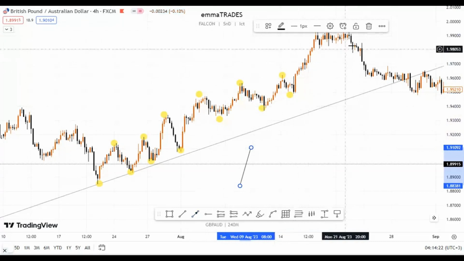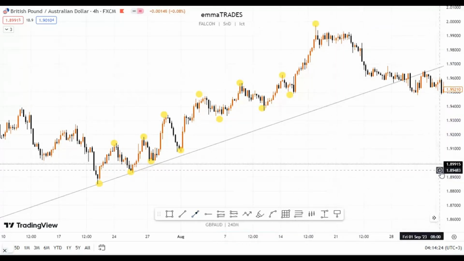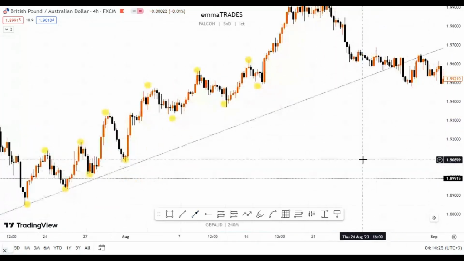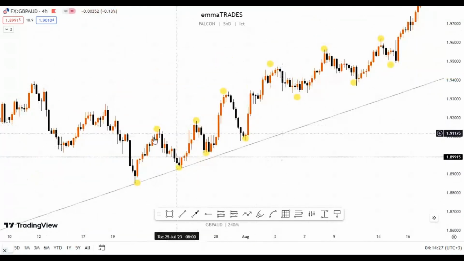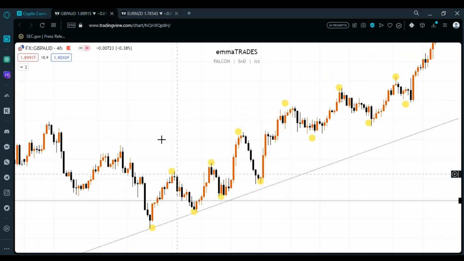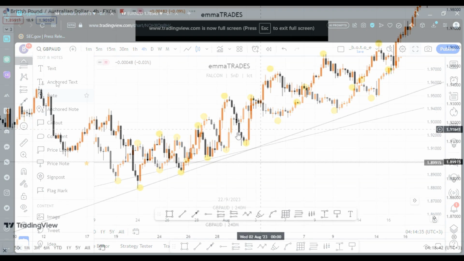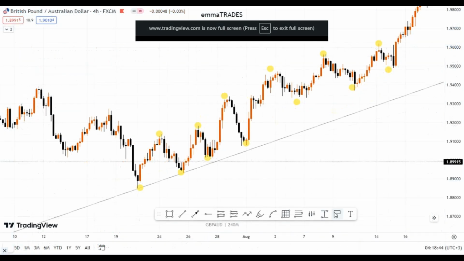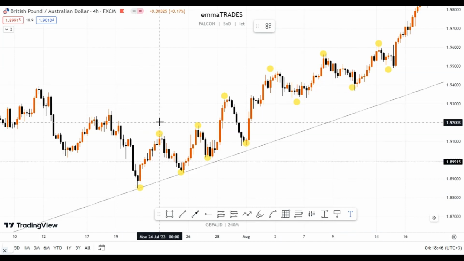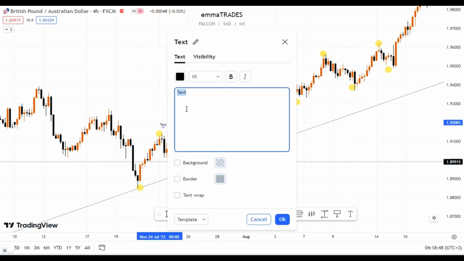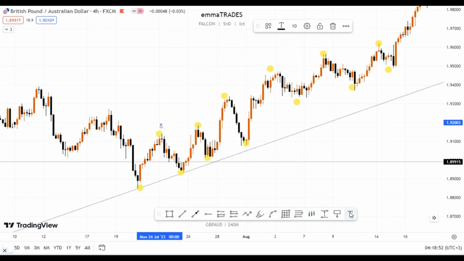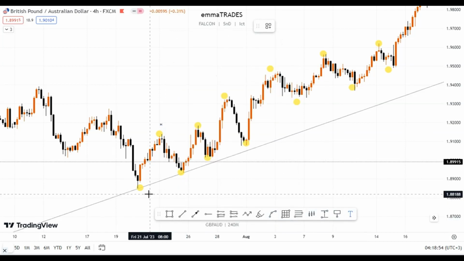We also say that when in an uptrend, we usually want to notice our breaks of structure to the upside. That means if I had a high over here, let me add a text annotation. I was saying we were forming a series of highs and lows.